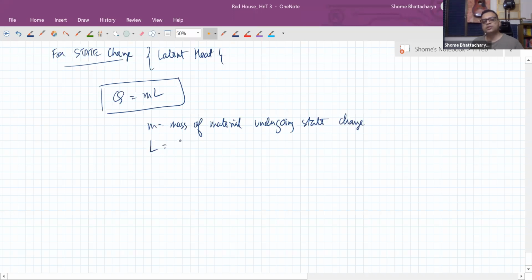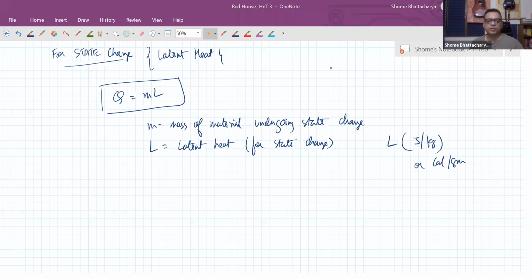And L is what is called latent heat for the state change. So L is measured in joules per kilogram or calories per gram or any such unit.